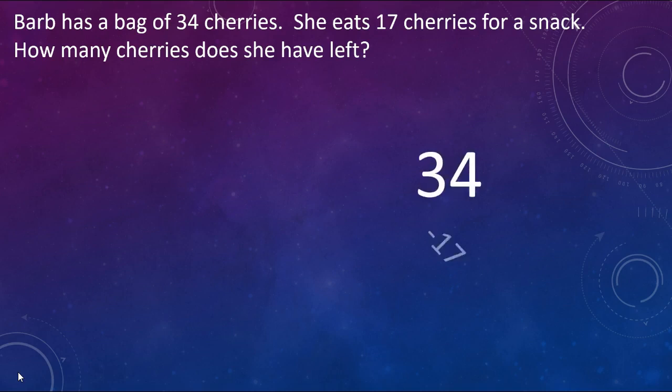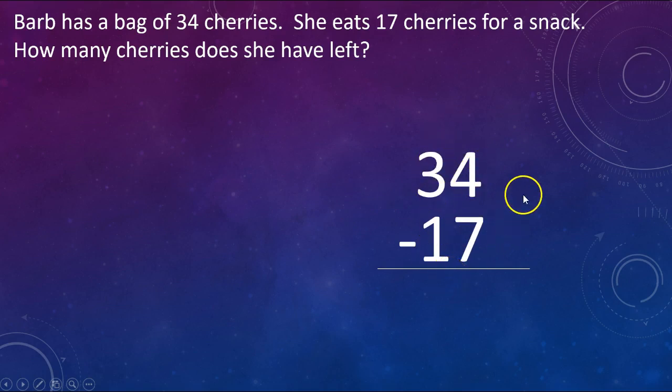I took 34 minus 17 and I lined up my 1s and my 10s here, and I see that I have a 4 here and the 1s, and I can't take 7 away from 4. So my 3 needs to give a 10 to my 4, so this makes 14, and my 3 turns into a 2.